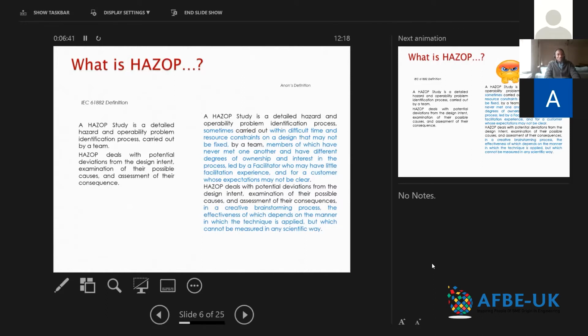So HAZOP deals with potential deviations from the design intent, examination of their possible causes, and assessment of their consequences, in a creative brainstorming process, the effectiveness of which depends on the manner in which the technique is applied, but which cannot be measured in any scientific way. So yes, there's nothing scientific about the HAZOP, to be honest, in terms of how it is carried out.